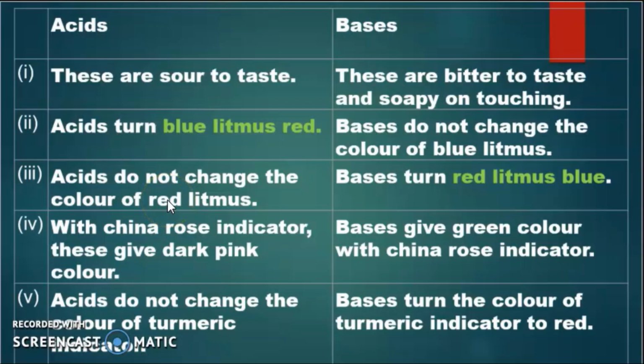Acids do not change the color of red litmus, but bases turn red litmus blue. With China rose indicator, acids give dark pink or magenta color, while bases give green color. Then acids do not change the color of turmeric indicator, while bases turn the color of turmeric indicator to red.